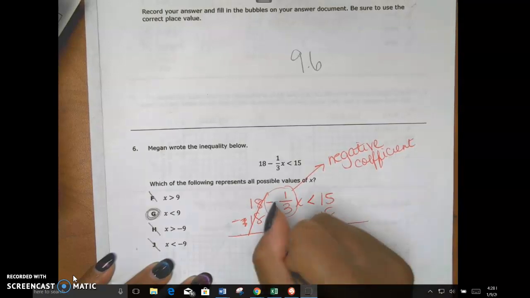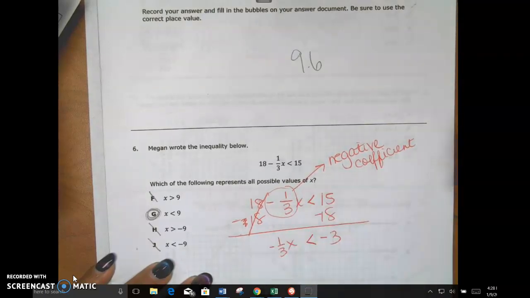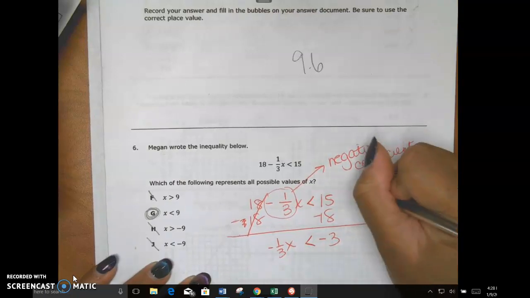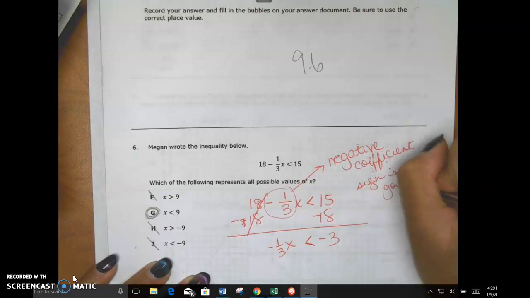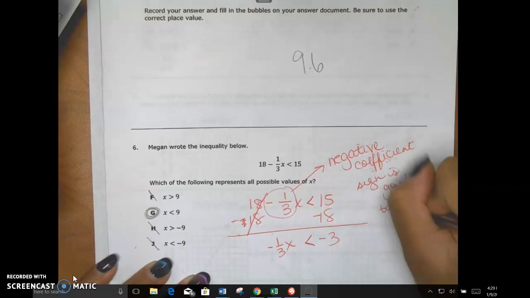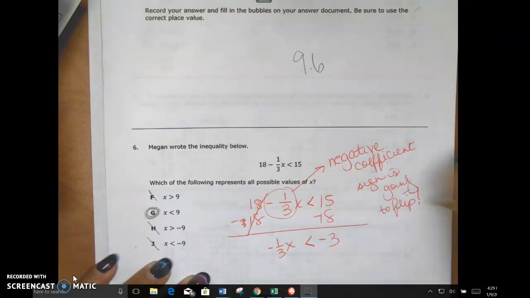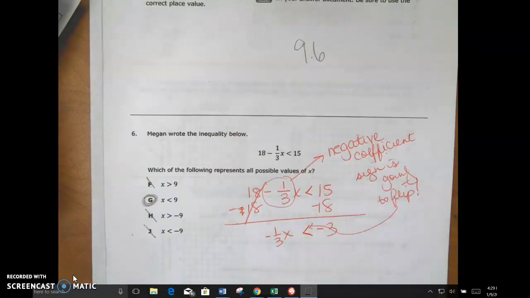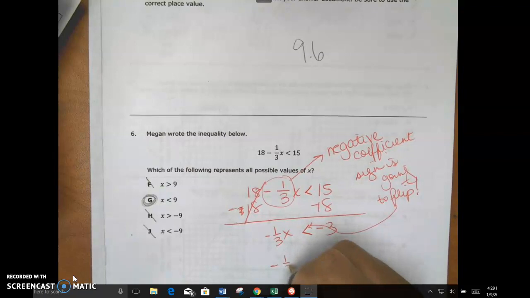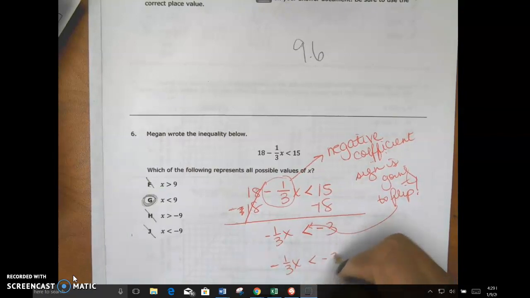Less than or equal to negative 1/3 x. Because this is a negative coefficient, my sign is going to flip. What sign is that? This one. So I have negative 1/3 x is less than negative 3.